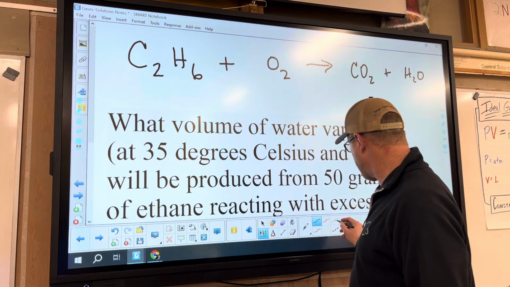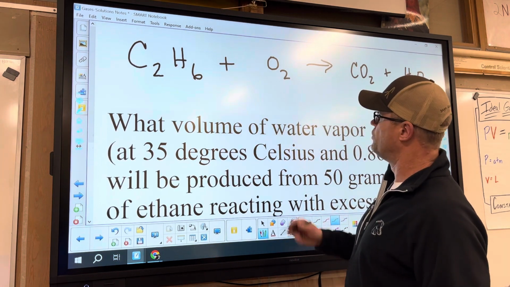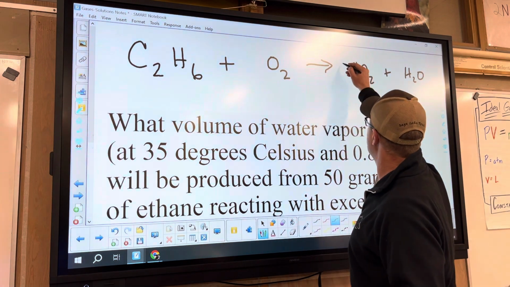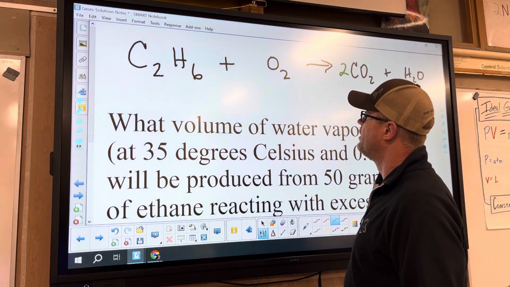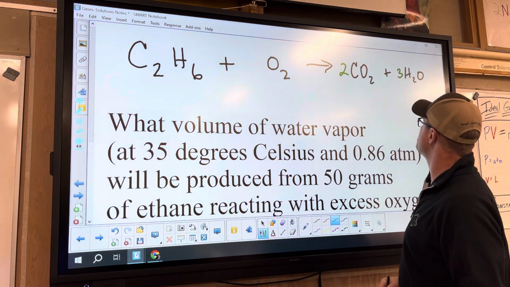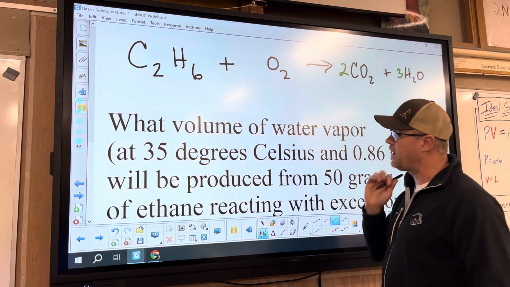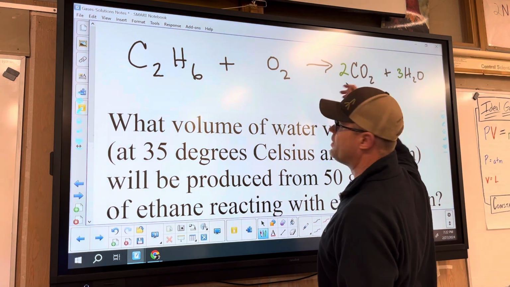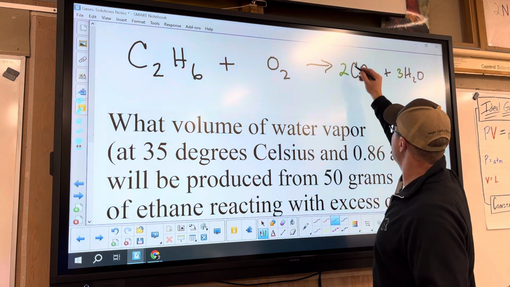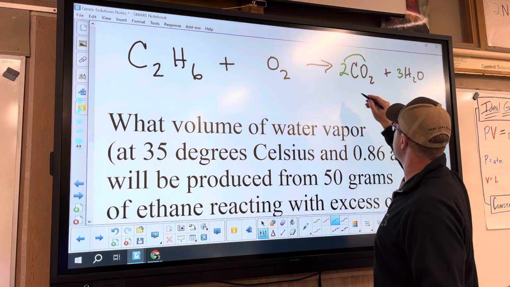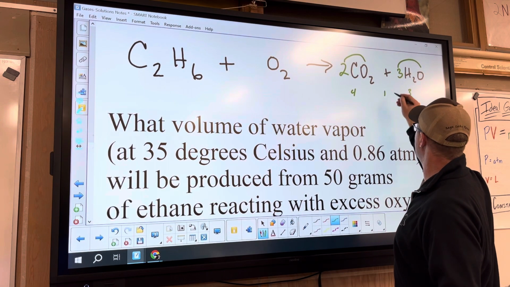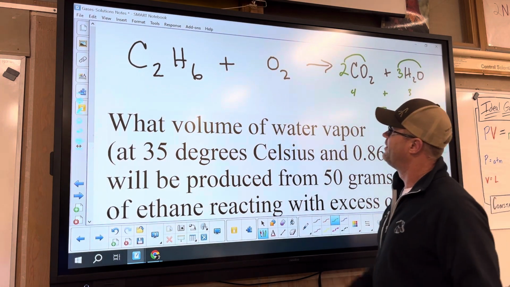So if I go through the balancing process here, what I would normally do is say, well, there's 2 carbons on the left. That means I need 2 carbons on the right. I got 6 hydrogens on the left, which means I need 6 hydrogens on the right. And everything seems fine until we actually put in the total of oxygen on the product side. So if I add this up, remember I got to distribute, that's going to be 4 oxygens plus 3 oxygens. 4 plus 3 is 7.